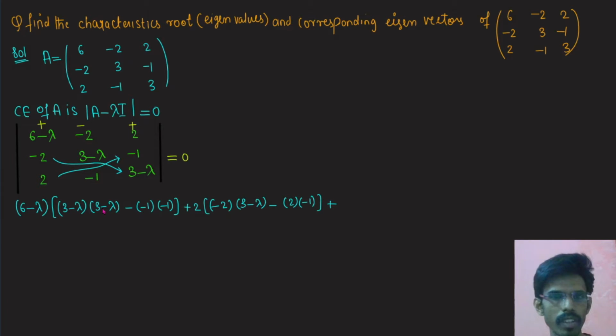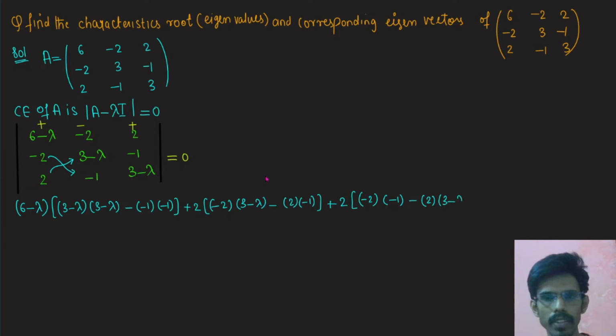Next we have the third element 2. Leave the first row and third column, then we have these 4 elements. Apply AD minus BC here: minus 2 into minus 1, then we put the minus sign, and 2 into 3 minus lambda, equal to 0.